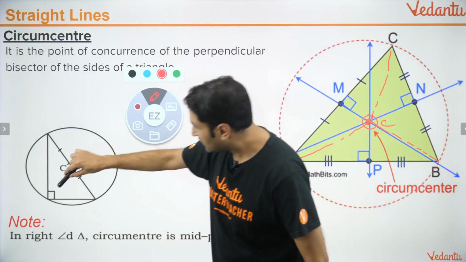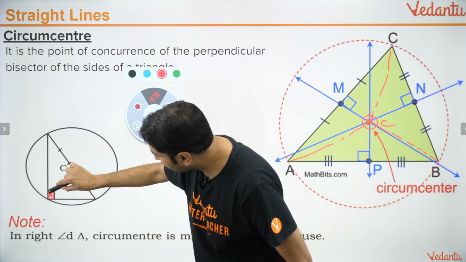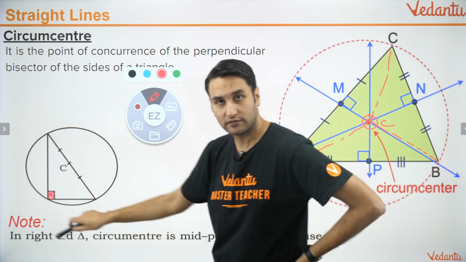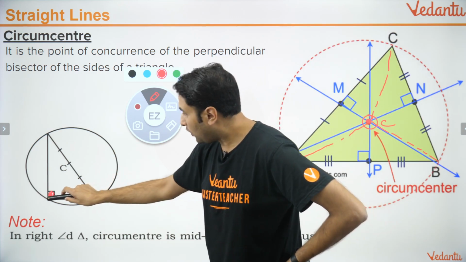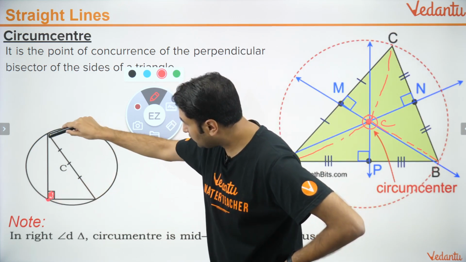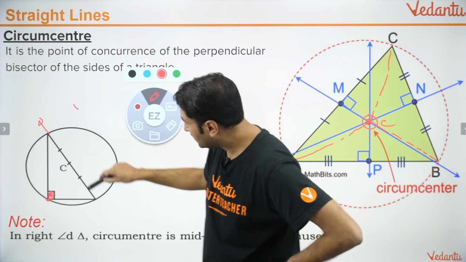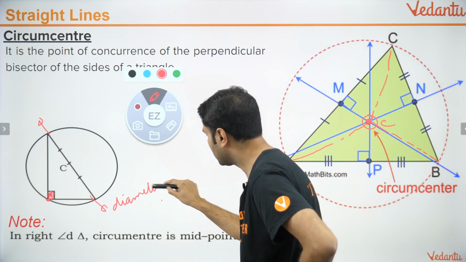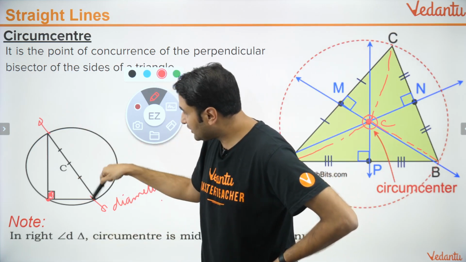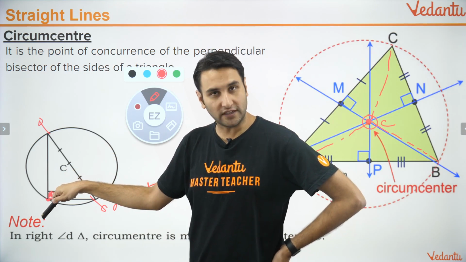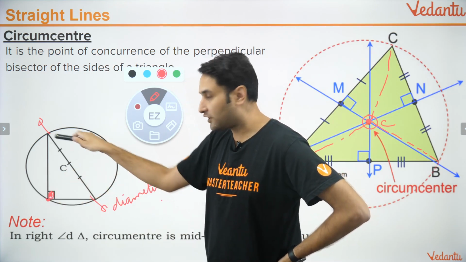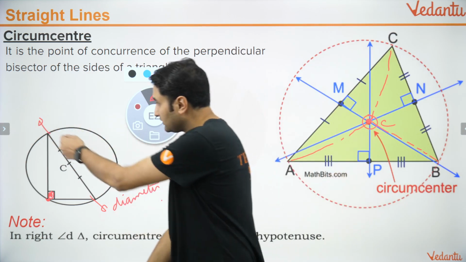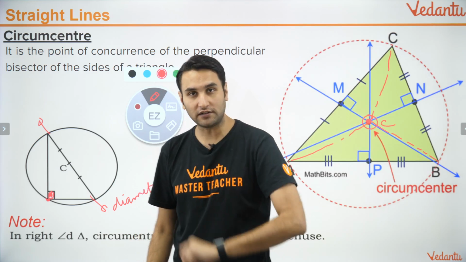Why? देखो, since it is 90 degree, it is a right angle triangle, right? So a circle circumscribing it will always क्या होगा? The hypotenuse will be the diameter. Why? Because the diameter subtends right angle on the circle, obviously. So this is a right angle triangle. The circumcircle will always be such that the hypotenuse is its diameter, right?